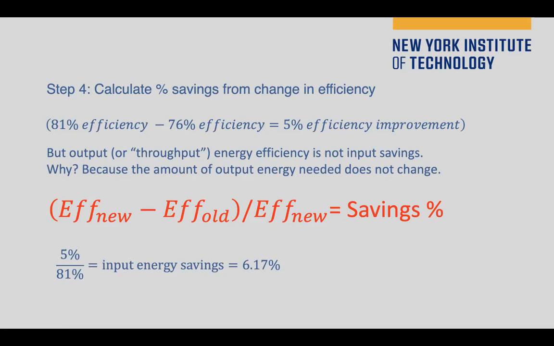When we calculate the saving, we focus on the input. With the same output, we find the change of the input rather than the change of output. For efficiency, we know the change of output, not the change of input. So there is a difference between the saving percentage and the efficiency percentage. Okay?